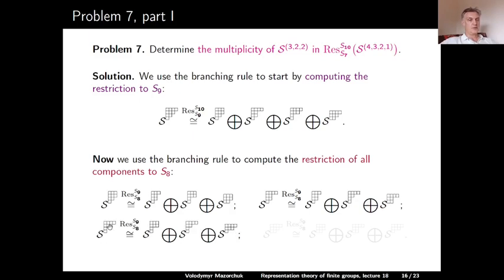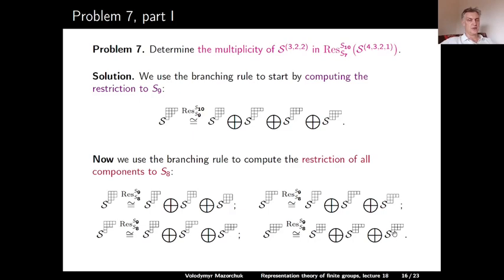The Specht module for (4,3,1,1) restricted to S8 gives S(3,3,1,1) plus S(4,2,1,1) plus S(4,3,1). And finally, the Specht module for (4,3,2) restricted to S8 gives S(3,3,2) plus S(4,2,2) plus S(4,3,1).